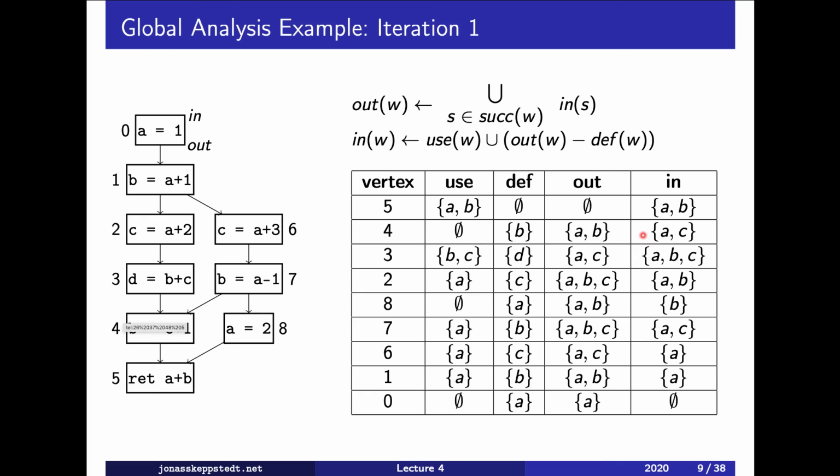Okay, and well, A and C, they do reach the inset of 4. And we continue like this, and since there was a change, we do another iteration. And well, we just update this, and eventually we will find the in and outsets of each vertex.